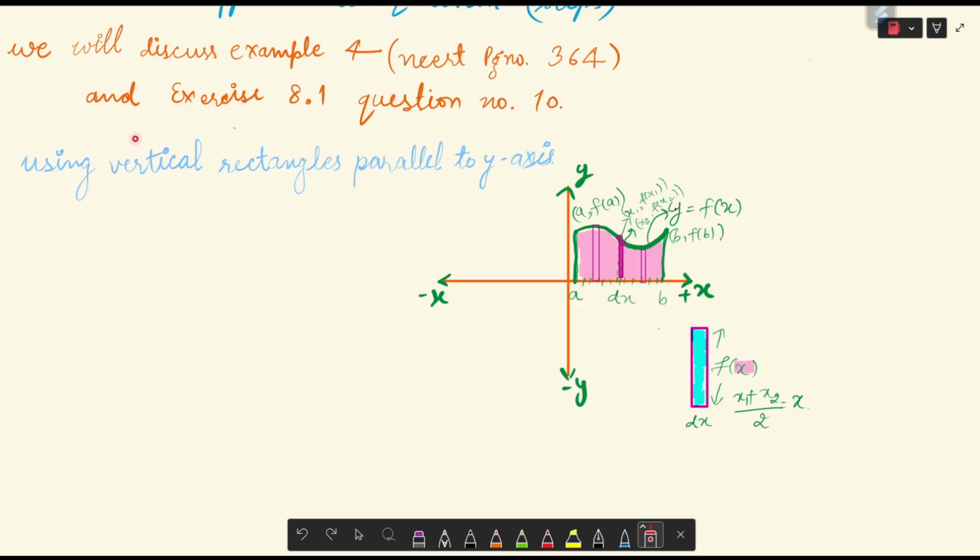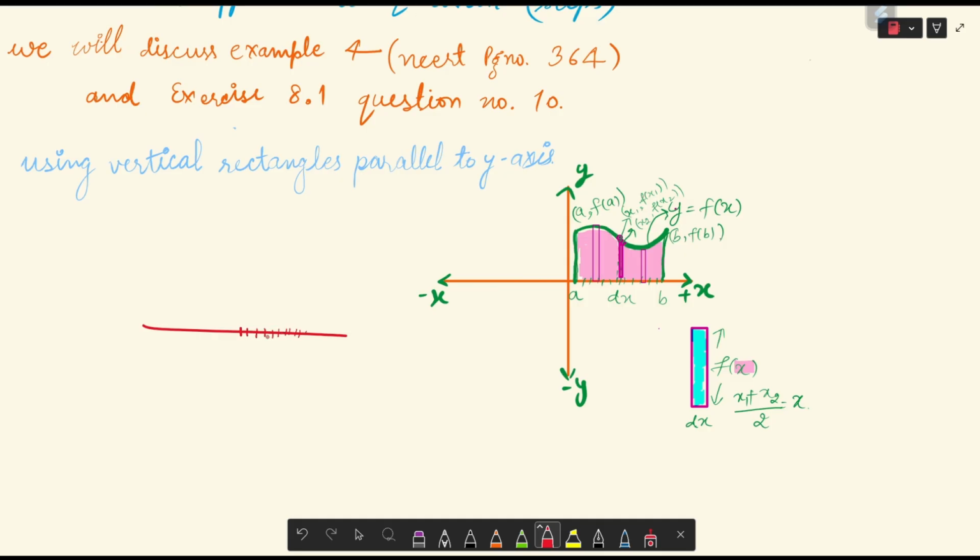First of all, we will study the vertical rectangle method, about how to draw vertical rectangles in this region parallel to the y-axis. So this is the y-axis. We will draw rectangles parallel to the y-axis, as you can see here. This is the x-axis, and we are dividing it into very small intervals.